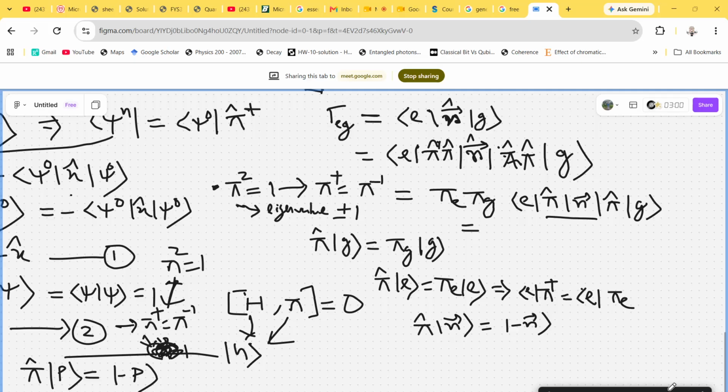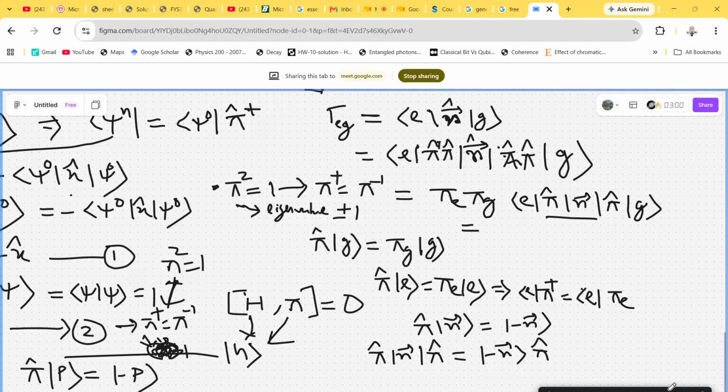Then again what you have, next we have r into pi cap. So this will become minus r. So pi cap r pi cap, this term will be minus r, and pi cap will act on the minus r again.